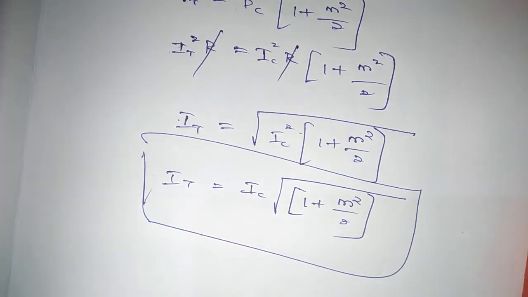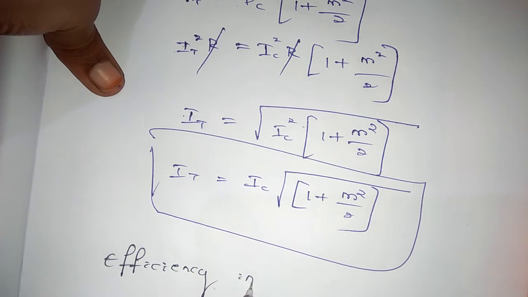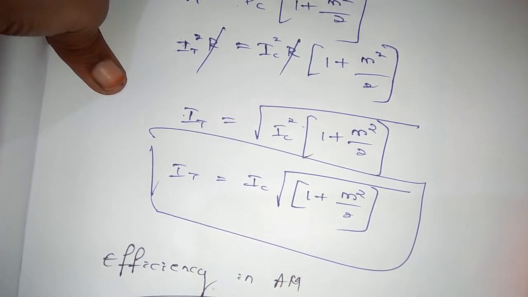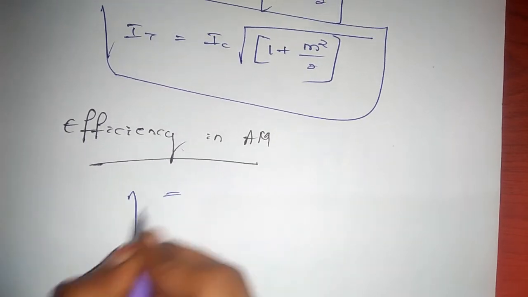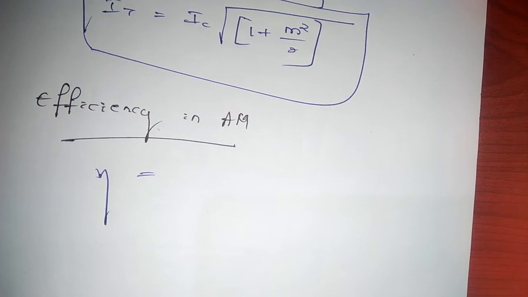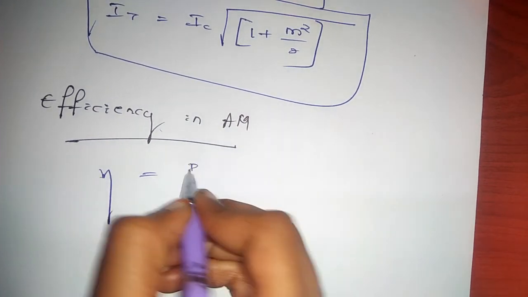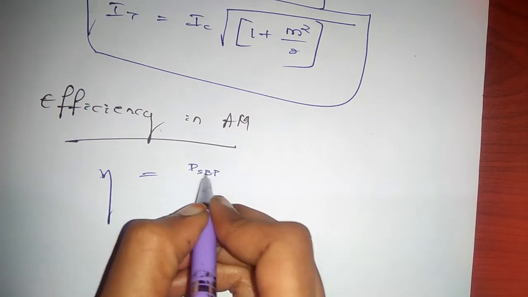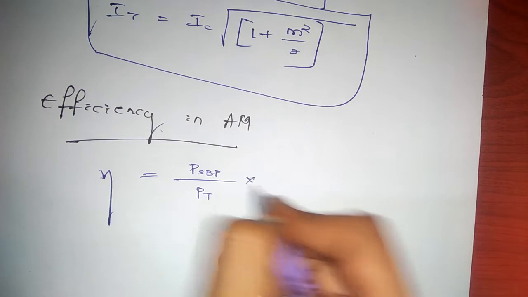Let me also tell you another simple concept, that is the efficiency. Efficiency in AM is represented with eta. It is the power in the sidebands, PSB by PT, into 100.